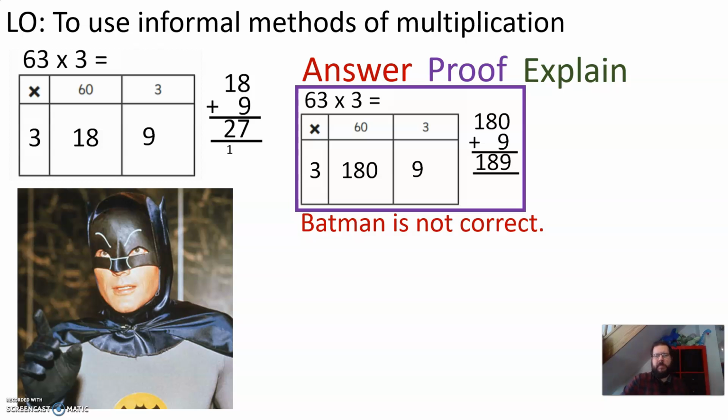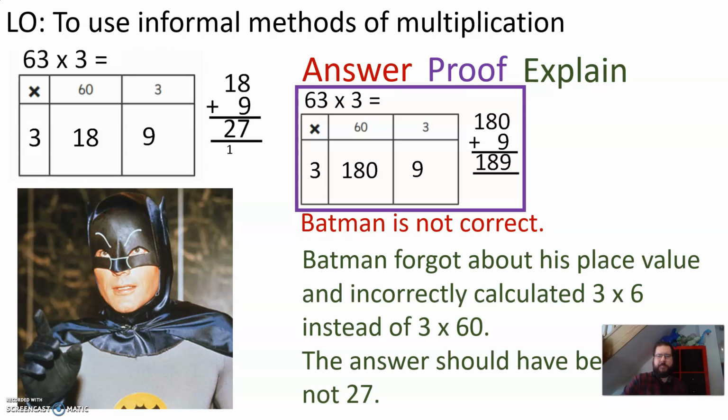This is where I'm really going to rub it in and I'm going to explain why Batman is incorrect. So what I put down was Batman forgot about his place value and incorrectly calculated 3 times 6 instead of 3 times 60. The answer should have been 189, not 27. Sorry, the number 189 is here if you can't see it behind my wonderful face.